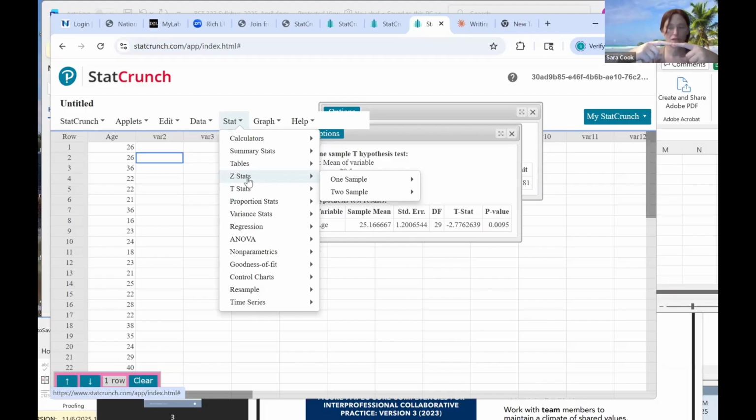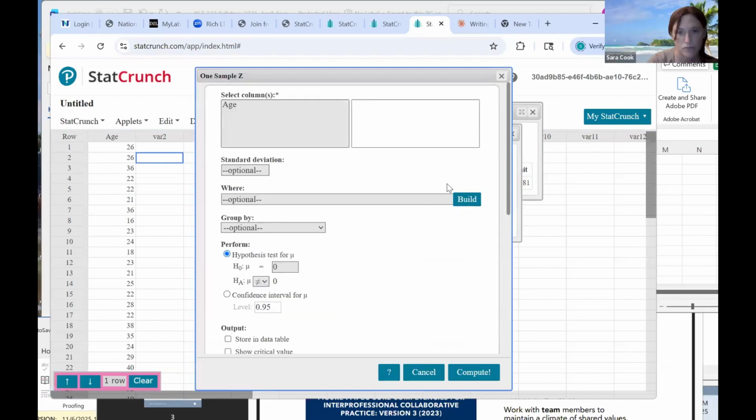Okay, so the t distribution is actually not a single distribution. It's a series of distributions that become more like a normal distribution as your sample size gets larger, and eventually it becomes what's called a standard normal distribution or a z distribution. And so with the z-stats you're going to be able to do basically the same statistics. You'll notice that it even has the exact same options, but it's mathematically a little different because it's always going to default to a standard confidence interval width.